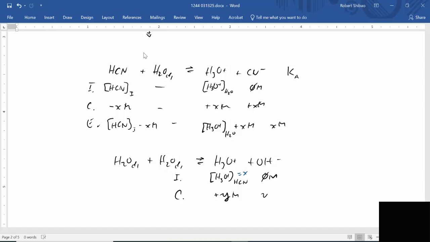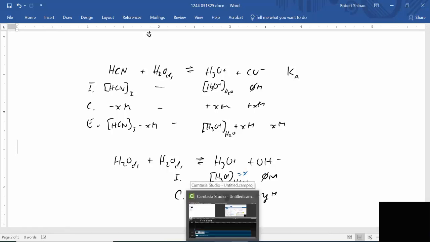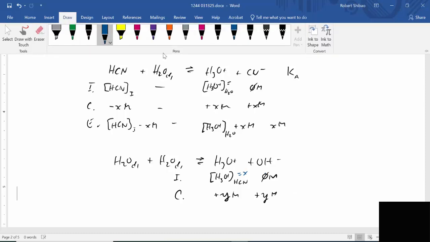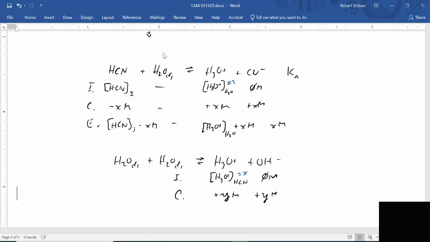And this is going to be plus Y molar here. And so the hydronium generated from water is Y. Well, that's this. This is the hydronium that was generated from water. So I'm going to call that Y up here. So this is Y here.